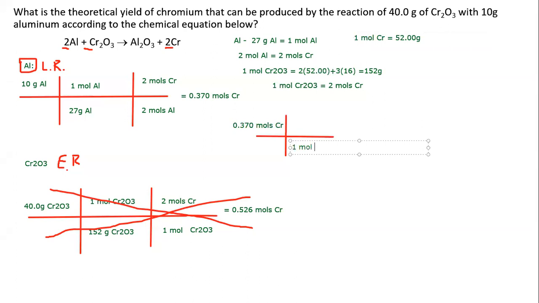So the 1 mole of chromium, 52.00 grams of chromium. And we get about 19.2 grams of chromium. Remember, this is referred to as the theoretical yield.